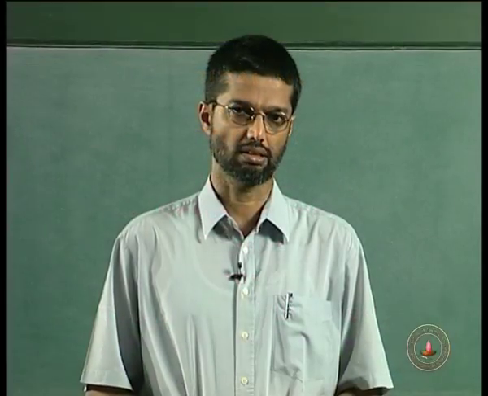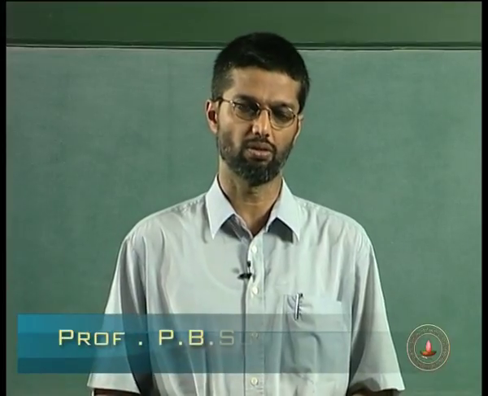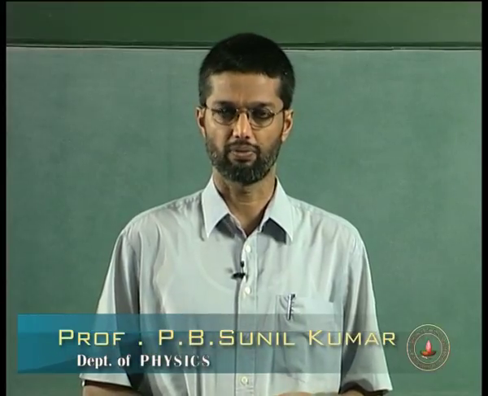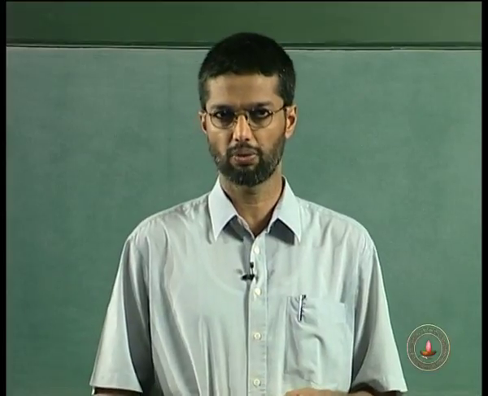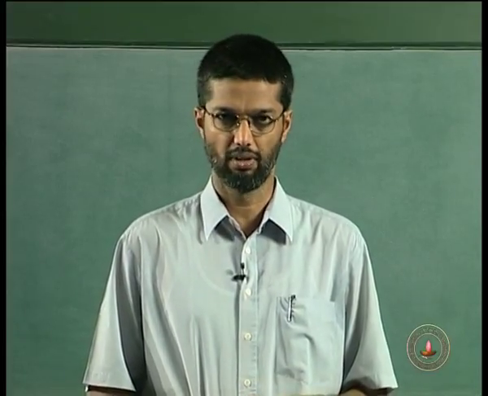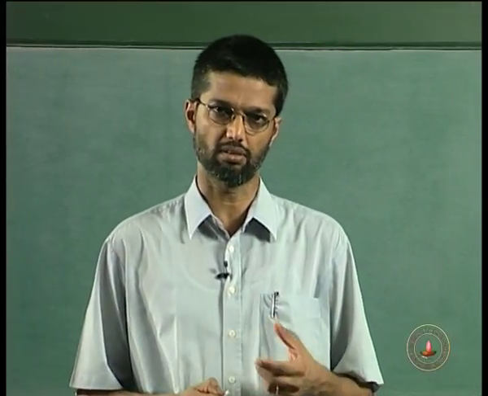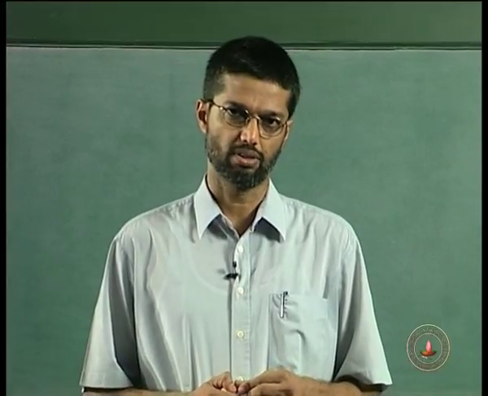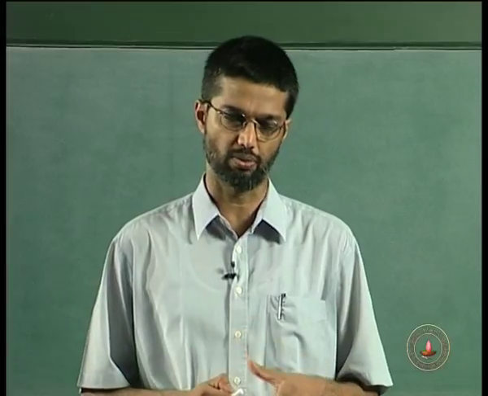In the last class, we have been looking at computing the Fourier transform of a function using some numerical methods, and we looked at two methods: discrete Fourier transform and the fast Fourier transform. That is, if you have the function values tabulated at certain points, how do we compute the Fourier transform? That was the problem, and the first method we looked at was discrete Fourier transform.